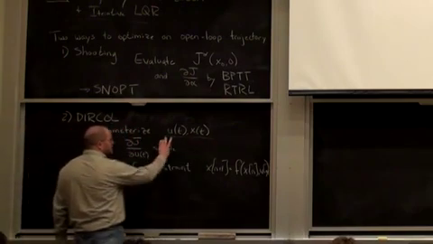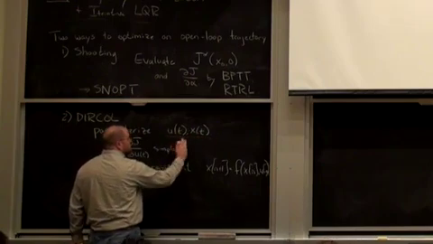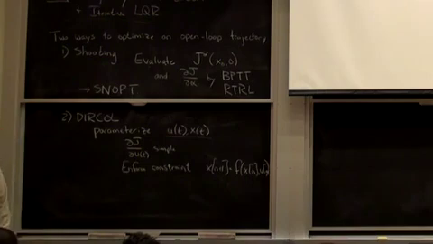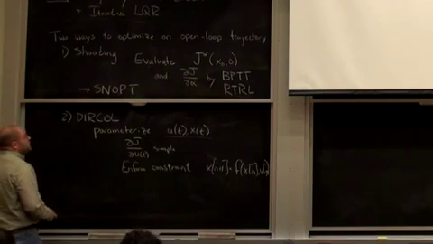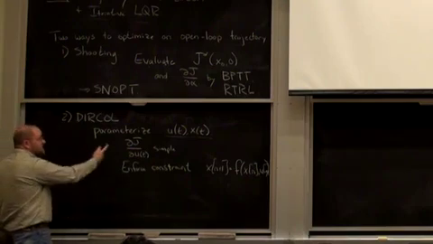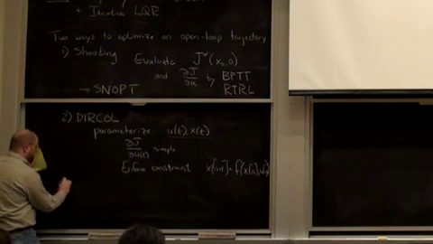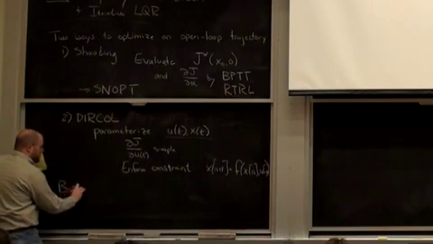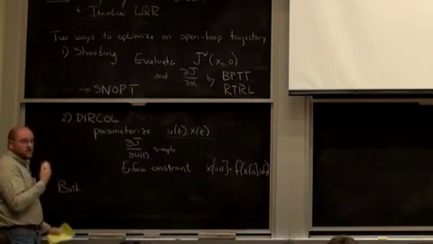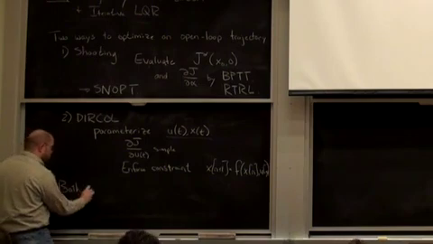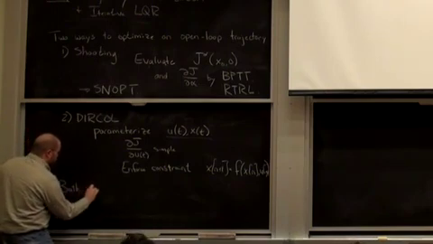Ultimately, what I care about is a set of actions that I apply over time that will get me to the goal or minimize my cost function. In the case where I explicitly parameterize an open loop trajectory, both of these result in a solution which satisfies the Pontryagin minimum principle, subject to discretization errors and things like that.